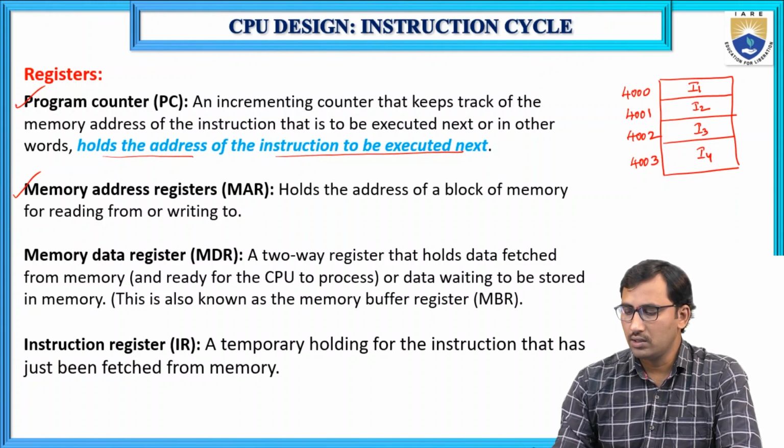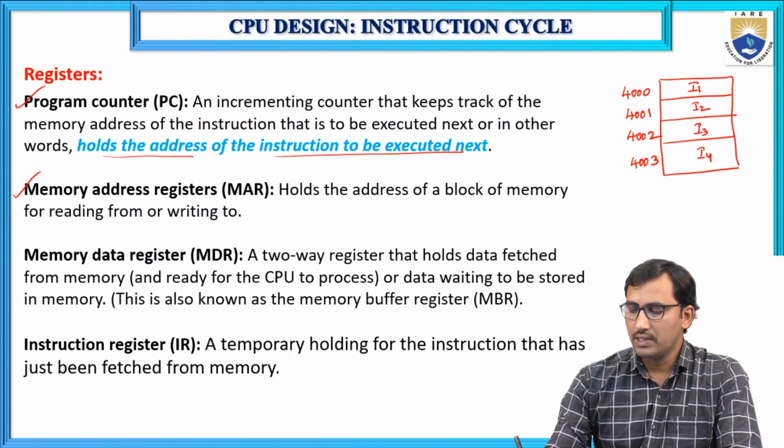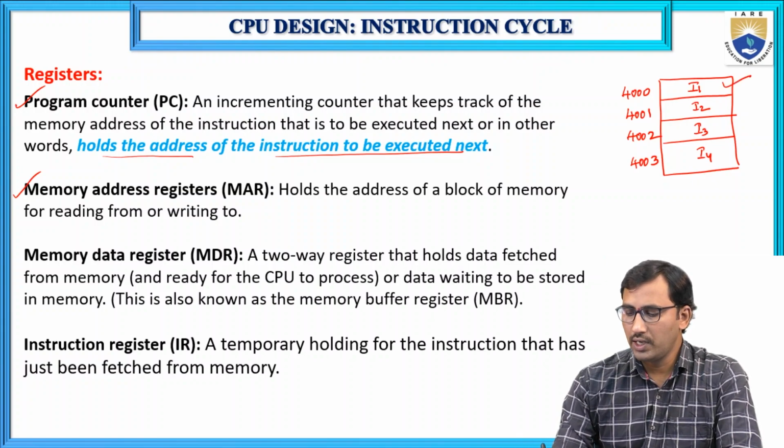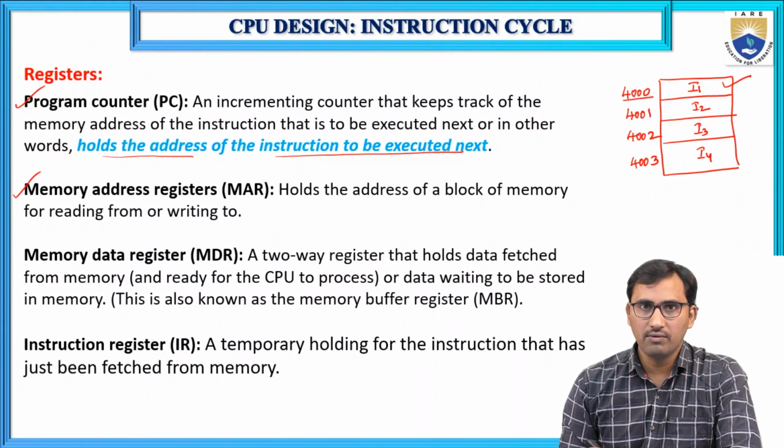Here in this scenario, 4 instructions are stored in the memory with corresponding memory addresses. When the first instruction is executing, the corresponding address will be 4000. So this is the current address of the currently executing instruction.